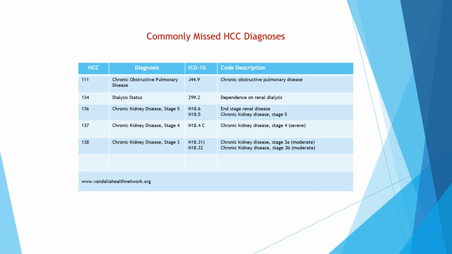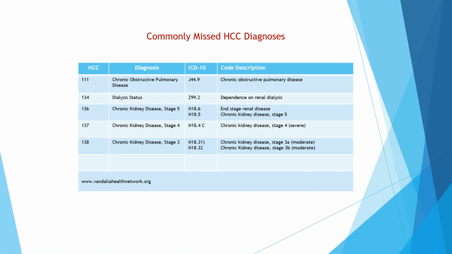HCC 137. Diagnosis is chronic kidney disease, stage 4. ICD-10 and code description is N18.4, chronic kidney disease, stage 4, severe. HCC 138.